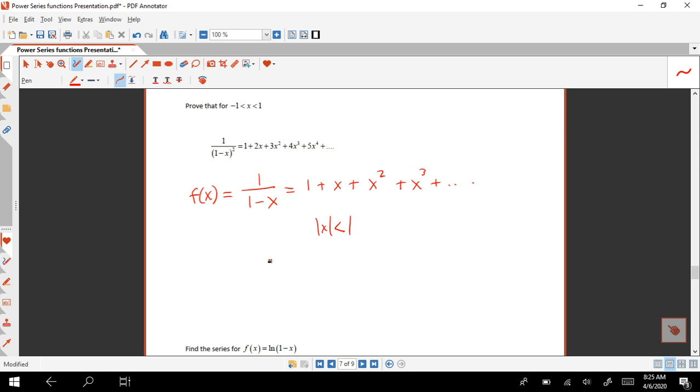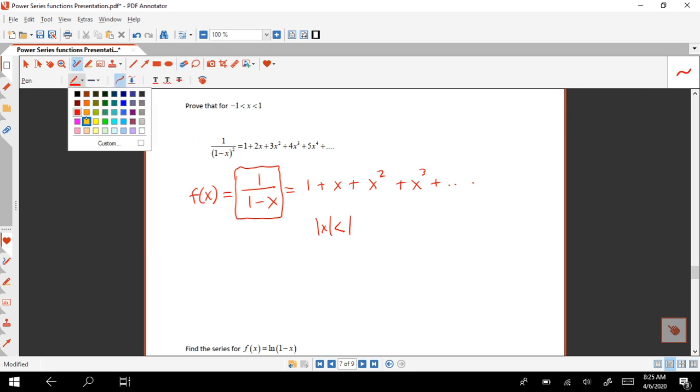So here, for example, this problem up here, we have to prove that 1 over 1 minus x squared is equal to this 1 plus 2x plus 3x squared plus 4x cubed, and so on. And it might be a little bit difficult to figure out how we can manipulate this by plugging in various functions and expressions.